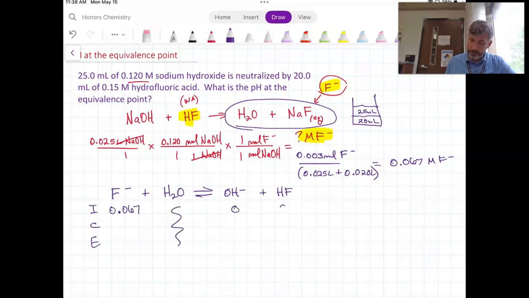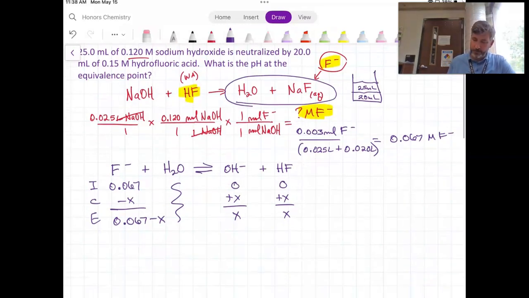This is roughly 0, this is roughly 0. This guy is going down, these guys are going up by the same amount. And so, oops, there we go. So 0.067 minus x.